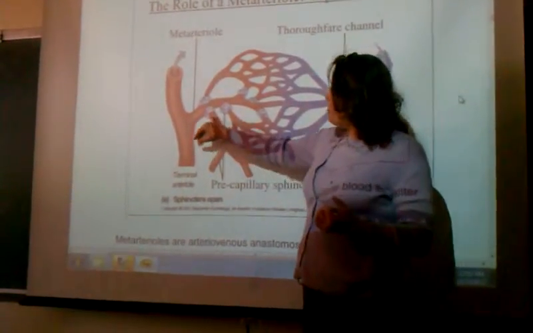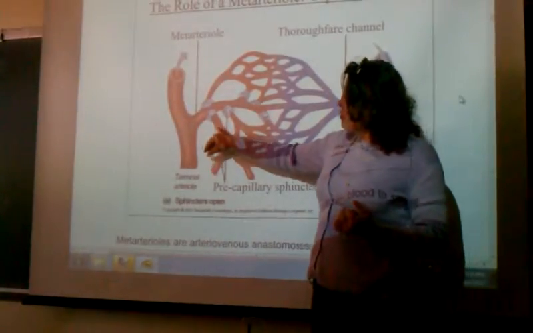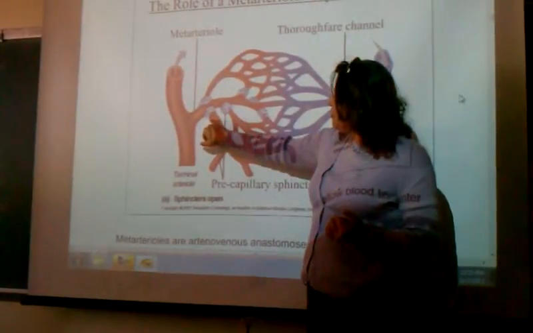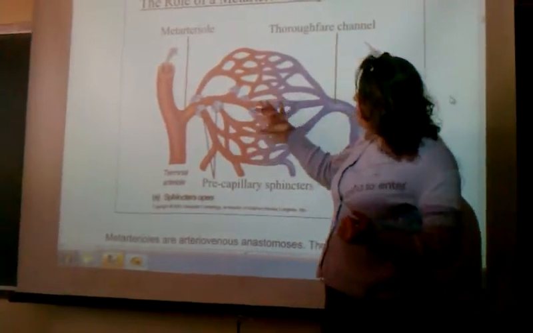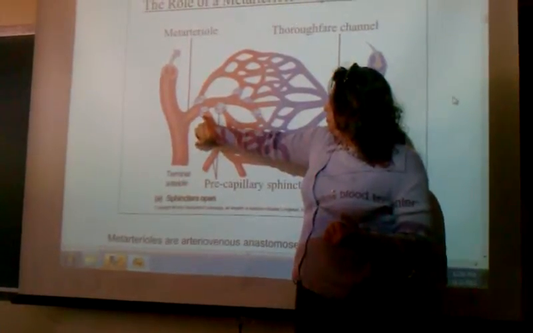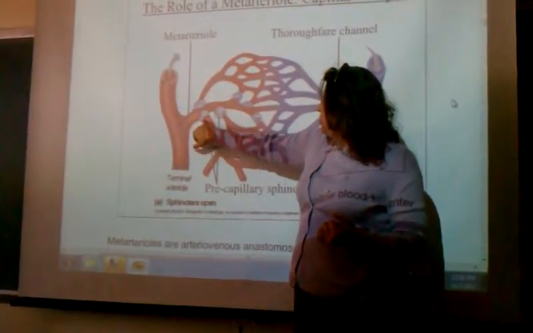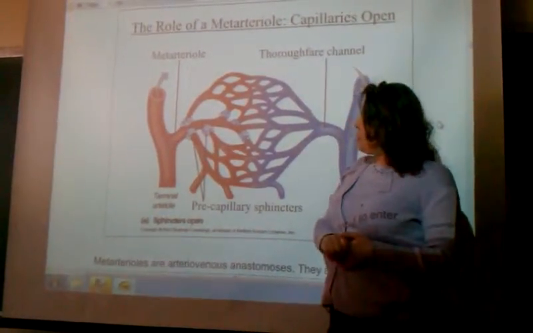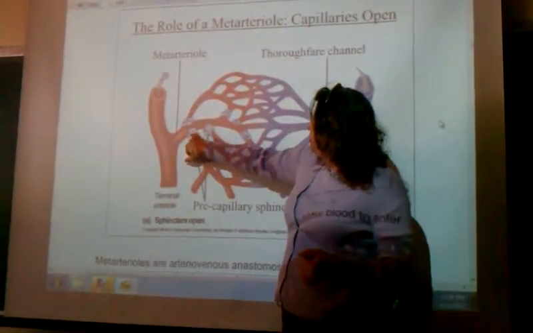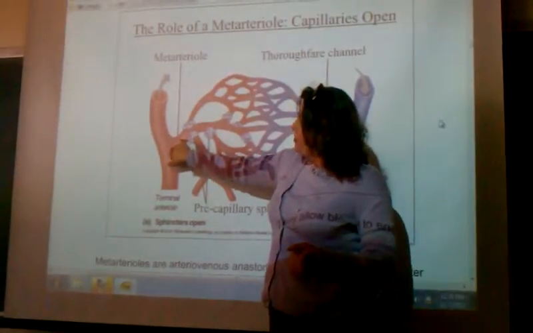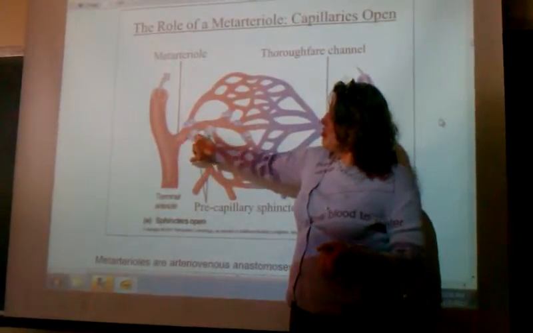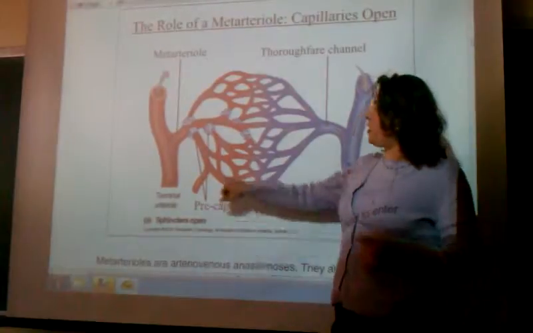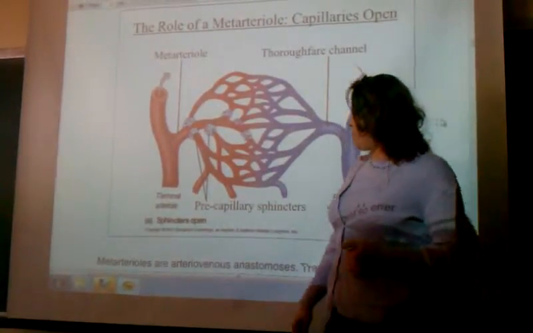They actually no longer are in the vessel wall. In fact, what happens is at the beginning of the capillary bed, we actually have what we call pre-capillary sphincter muscles. And these are actually smooth muscle fibers that used to be in the wall of the arteriole. Now they're found on the outside of the vessel, at the beginning of the capillary bed.